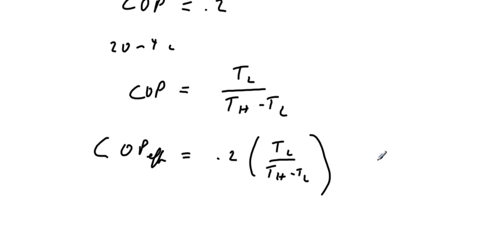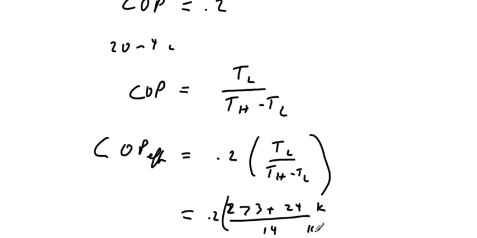I got to change things to Kelvin. Okay, so I'm going to have 0.2 times 273 plus 24 divided by 14. K on the top, K on the bottom, which goes away. And I end up with 4.2.